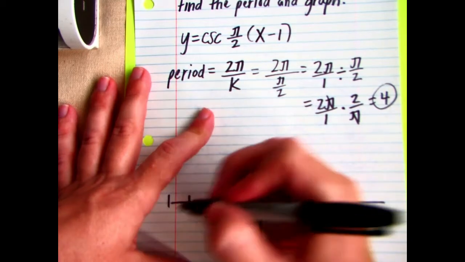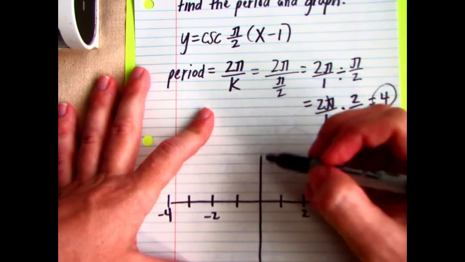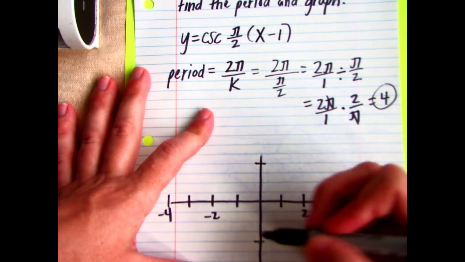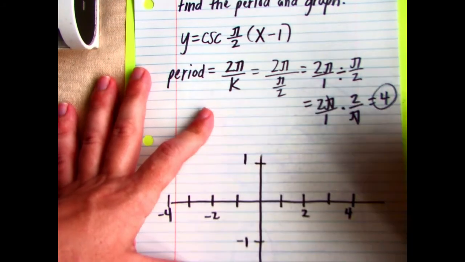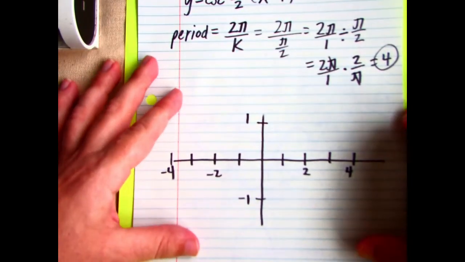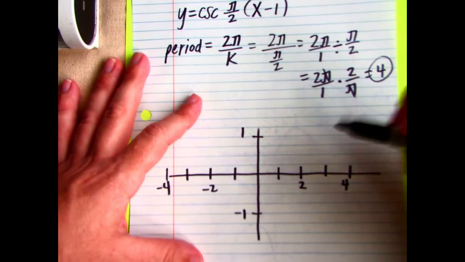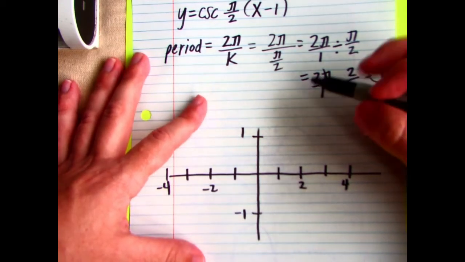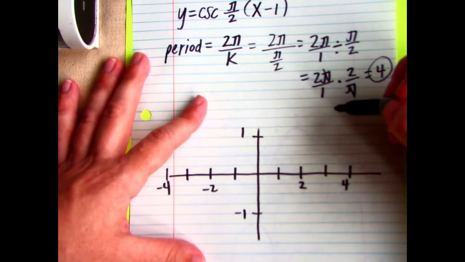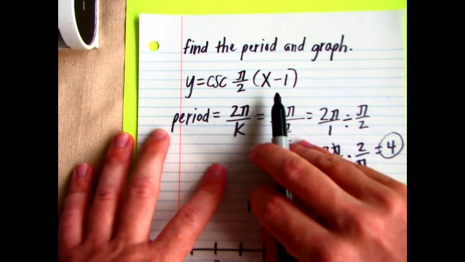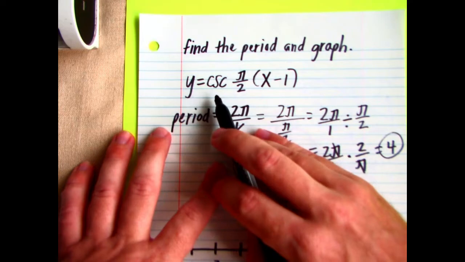So I'm going to count by ones, going from -4 to 4 on my x-axis and from -1 to 1 on my y. I'm going to graph first in black as if it were sine and not cosecant.